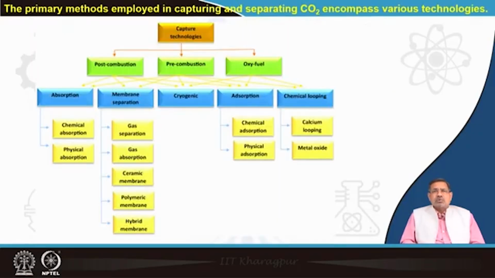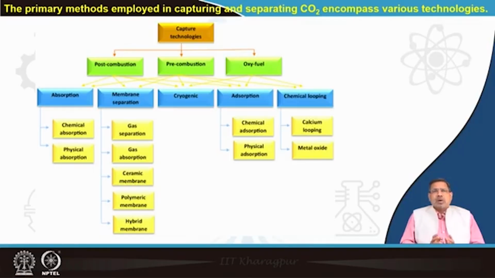industrial use component. The primary methods employed in capturing and separating carbon dioxide encompass various technologies: pre-combustion, post-combustion and oxy-fuel. In terms of absorption, we can go for chemical absorption or physical absorption.